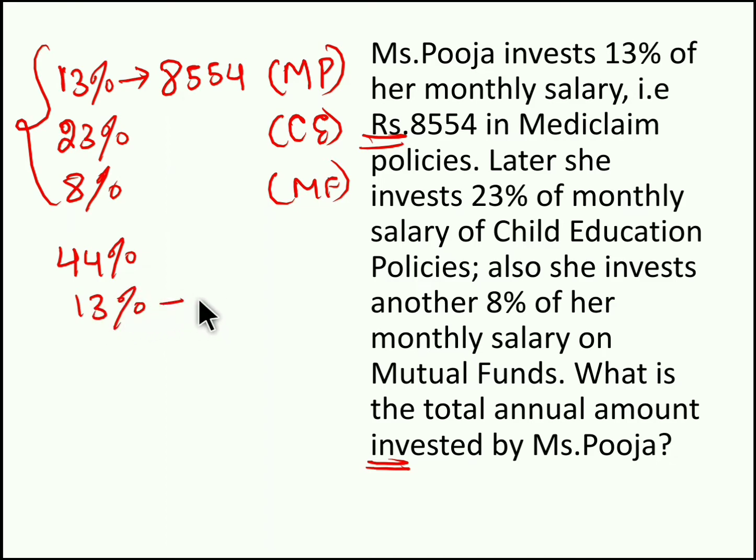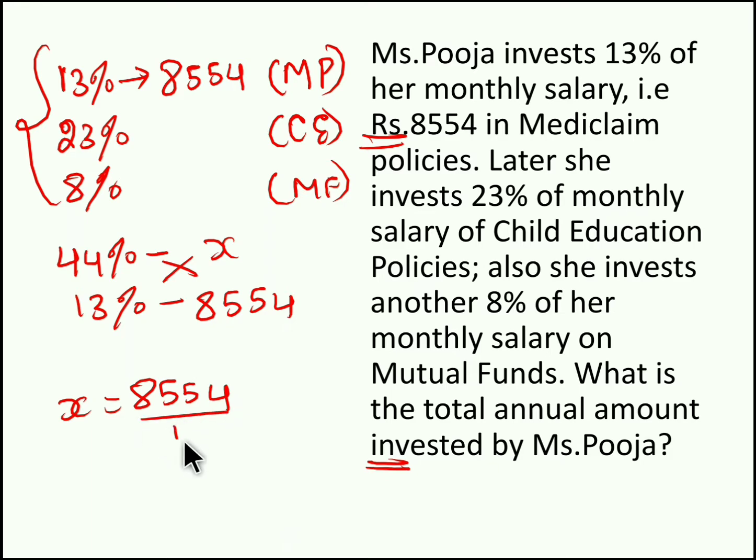8,554. So if 13% is 8,554, with this you can easily find the 44%. So 44% is how much? X. Just cross multiply, you will get the answer. So when you cross multiply, you get X equal to 8,554 by 13 into 44.